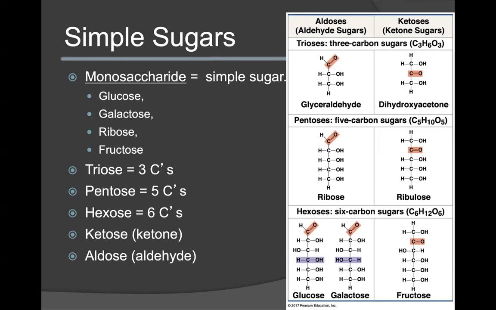And if you remember your functional groups, this would indicate the position of those functional groups. A ketose would have the C double bond O group, or carbonyl group, in the middle of the structure, whereas an aldose would have it at the end. And you can see in the diagram they have various different types of aldoses and keto sugars for you to refer to.